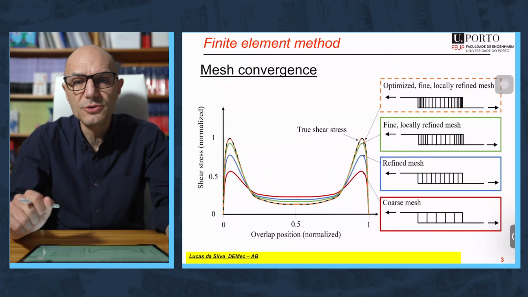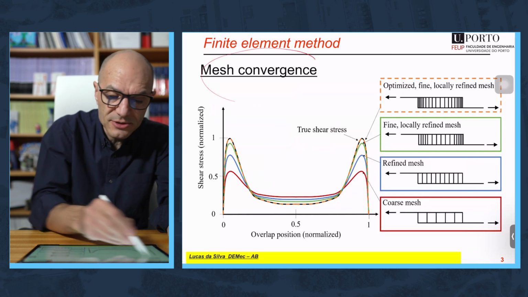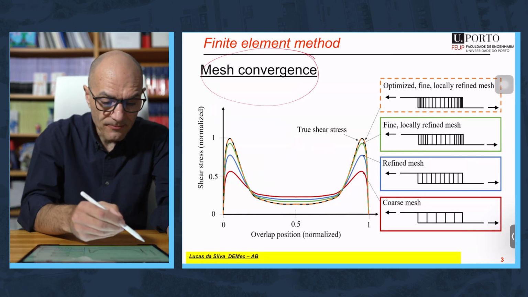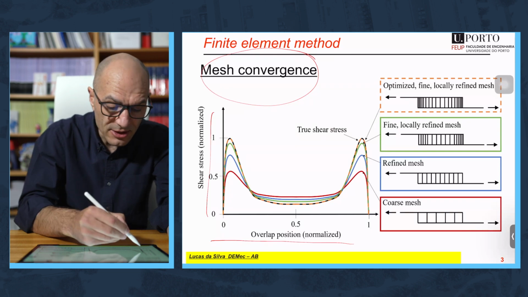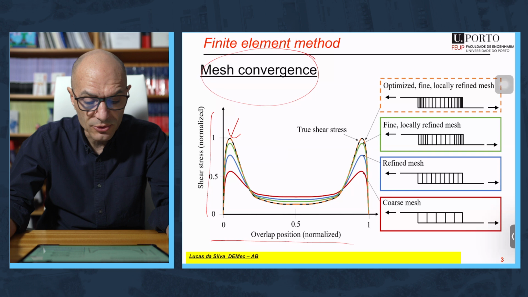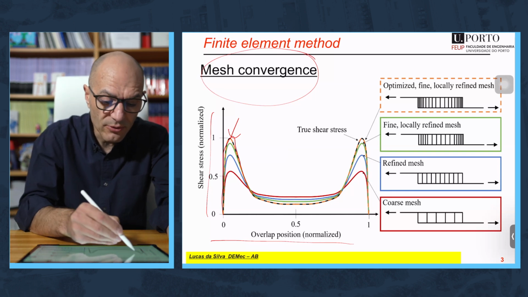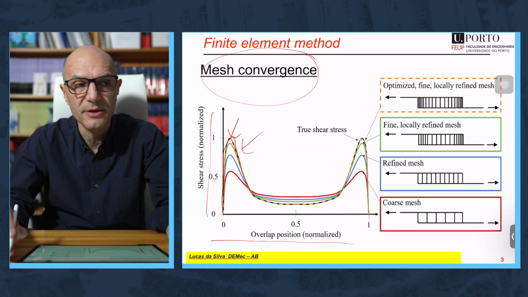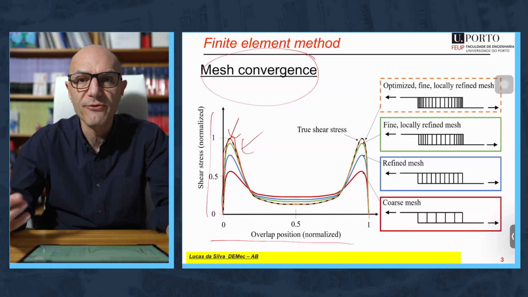One thing you should be careful about is the mesh convergence. You have here stress versus overlap, and the dashed line is the real stress distribution. So you can see that there is a big stress gradient. If you want to capture this stress gradient, you should use an appropriate, fine enough mesh.